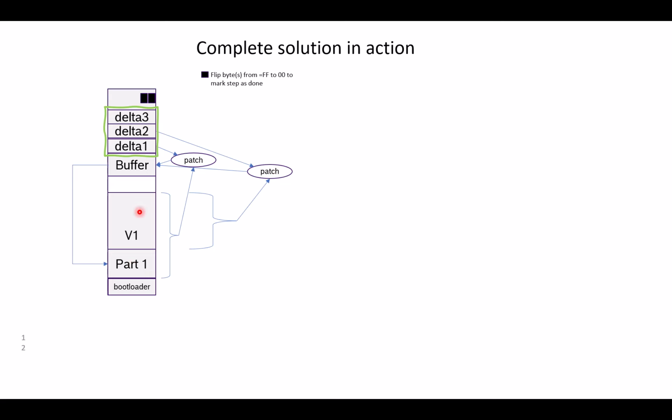If the flash layout would change radically, this would cause a problem. And then we write to the buffer, set the transaction flag, and copy the buffer to part 2. Then we do the marking again, patch the third delta in the buffer, mark it, copy it to that part, and we're finally done.